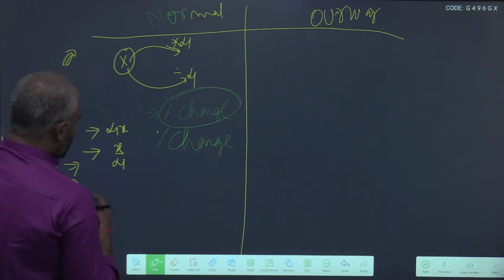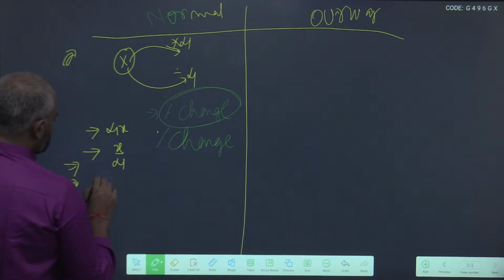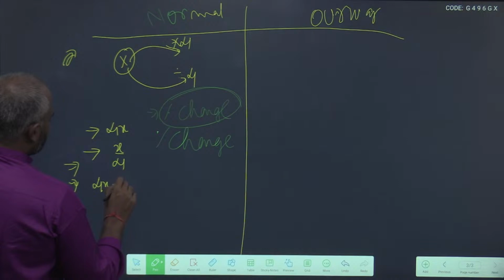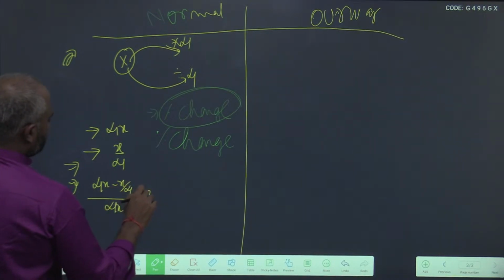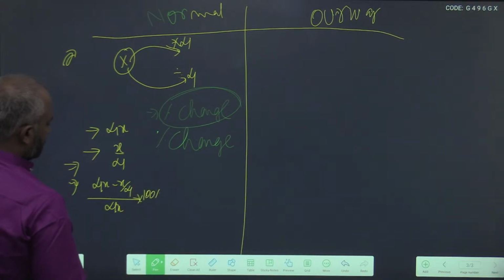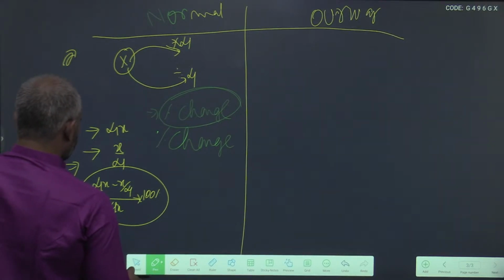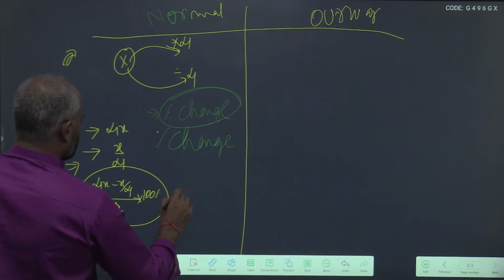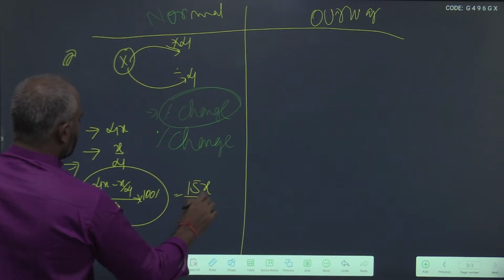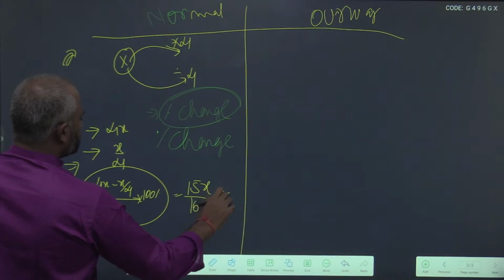So the change is (4x minus x) by 4x into 100%. If you calculate this, it will be 15x by 16x into 100.